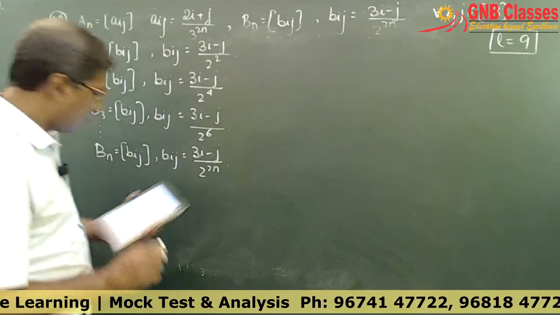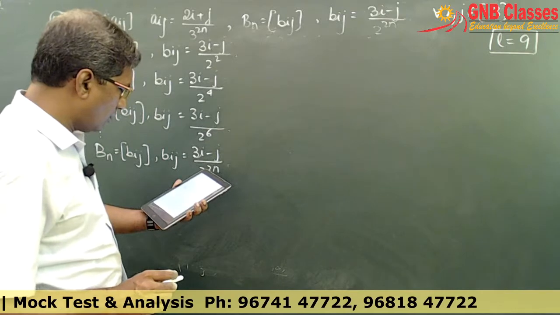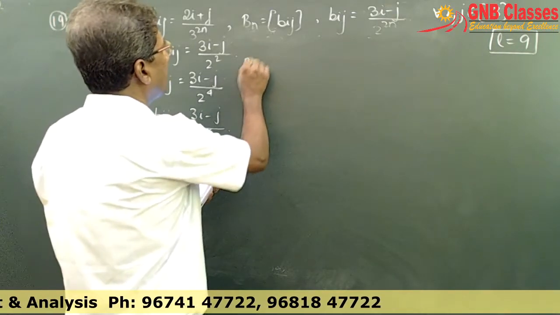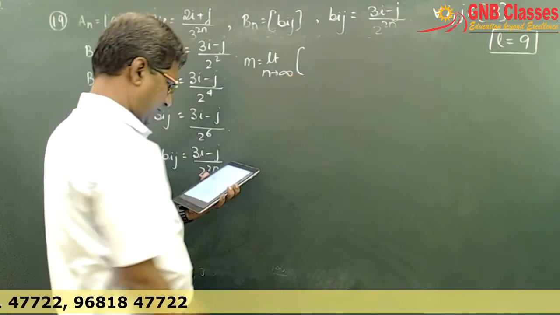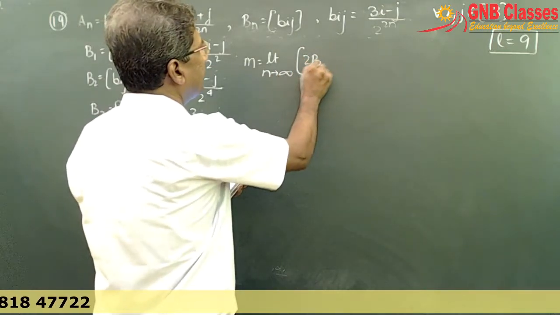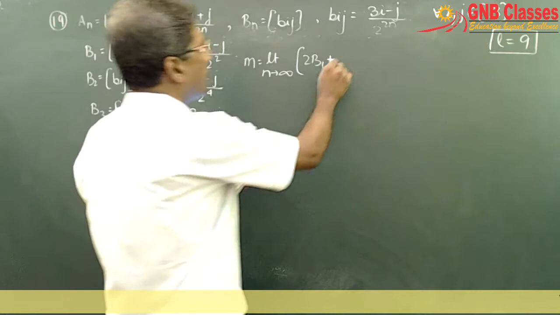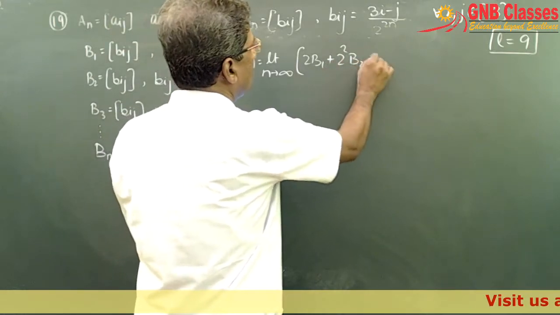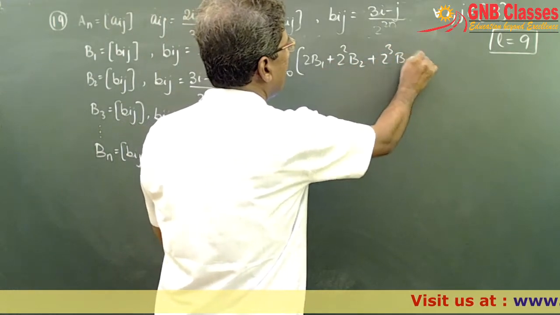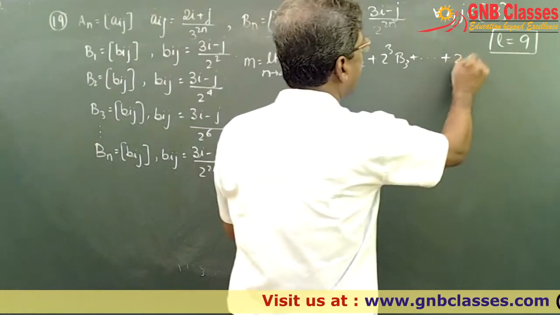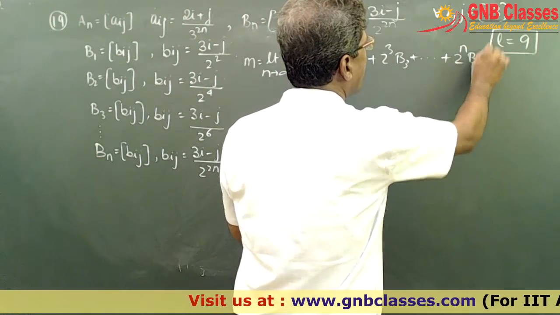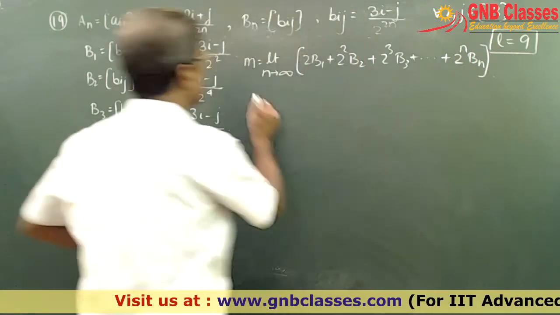Is it clear? Now they have given us that m is limit n approaches infinity of 2b1, 2 square b2, 2 cube b3, this thing goes on, and the last term is 2 to the power n, bn.